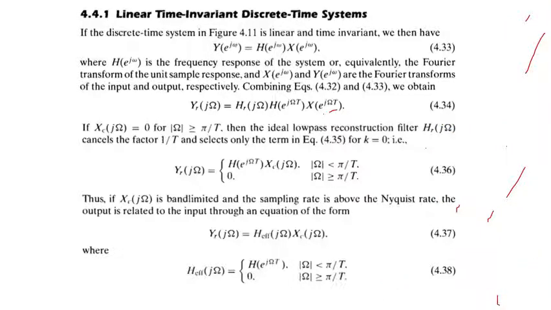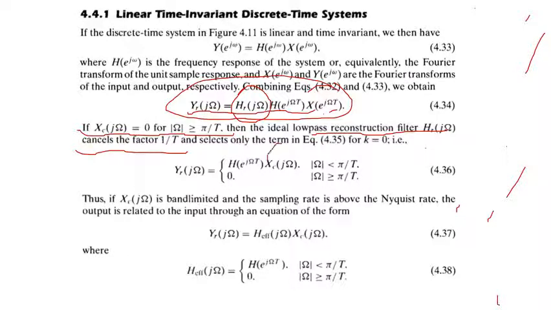So here you can see that if X_c(jω) is 0 for ω greater than π/T, then this ideal low pass reconstruction filter cancels the factor 1/T. We know there is a factor of 1/T whenever we sample a continuous time signal. After this reconstruction, we will get the original spectrum and the response of the discrete system.